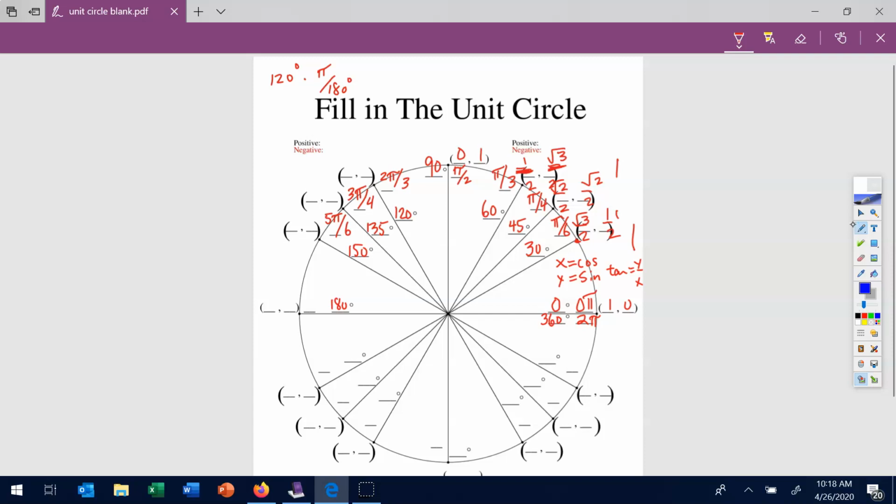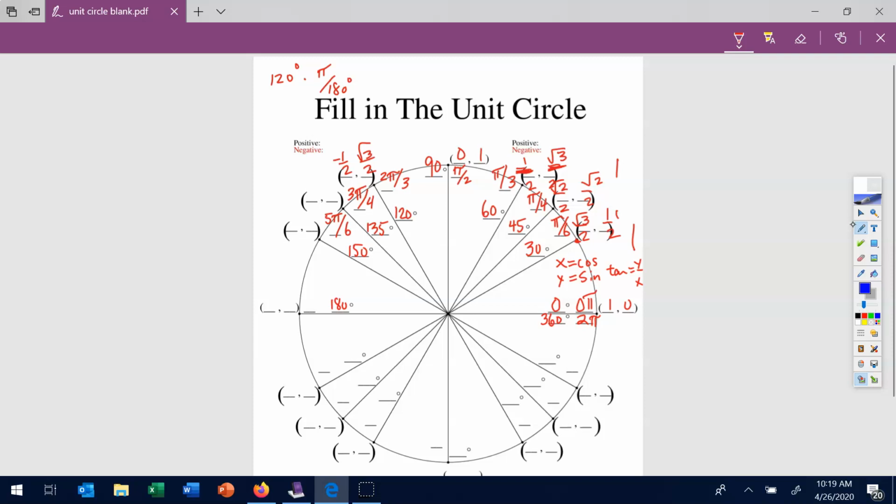All right, now let's look at the ordered pairs. Well, for this angle 120, it's just like the 60 degree, but we have to remember that in quadrant 2, cosine is negative. So this ordered pair is going to be negative 1/2, and sine is positive, positive square root of 3 over 2.